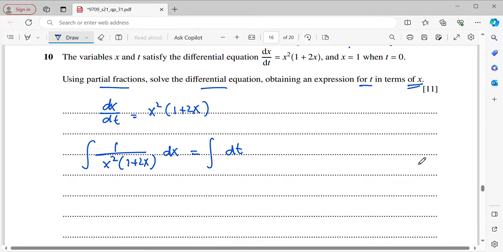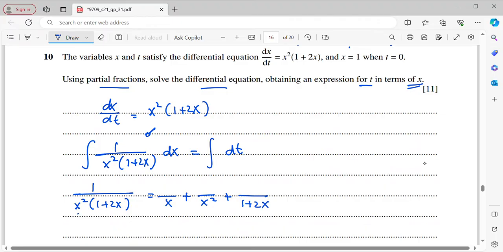But before we solve this, we have to find the partial fractions for the left hand side first, which is this rational function, 1 over x squared bracket 1 plus 2x. Now the first term is the repeated factor. Therefore, I have to write over x. We start with degree 1 for repeated factor, then until the given degree.